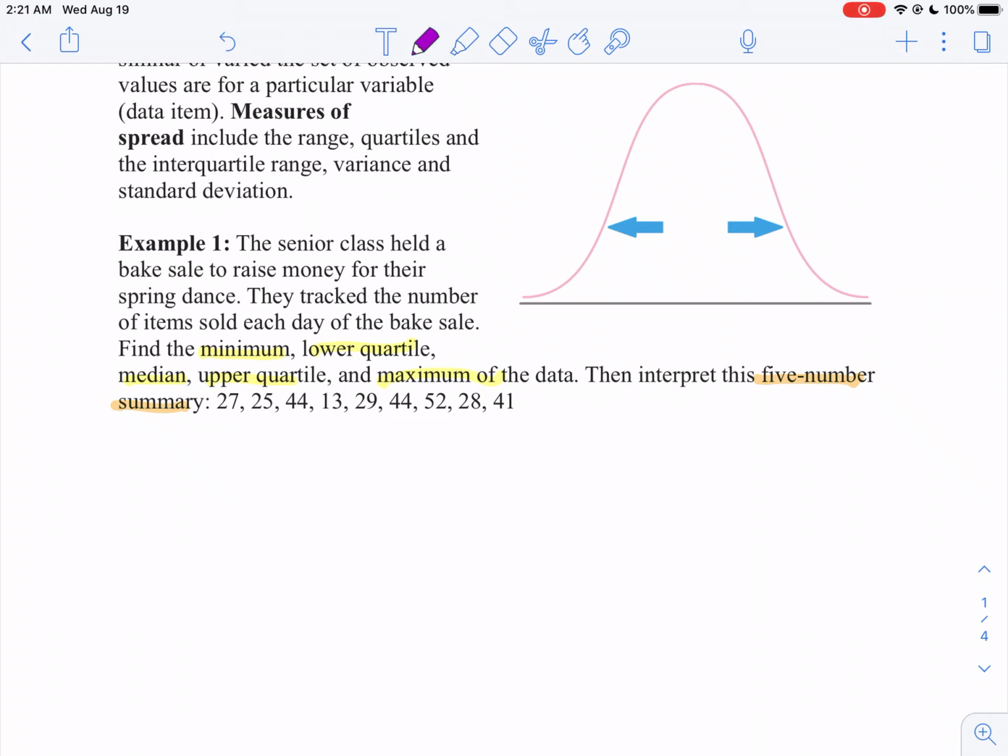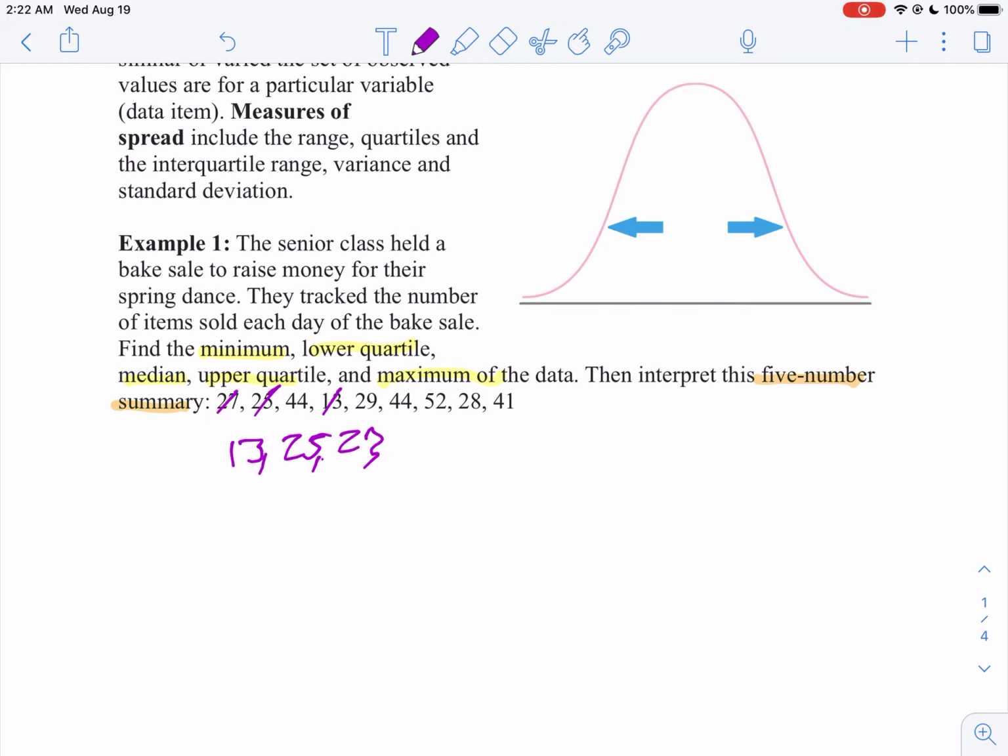Well, we're going to calculate this by hand, and I'll show you how to do it on the calculator after we're done. We're going to put our data in order. So we start here. 13 is our lowest data point. Cross that out as we do it. Then it looks like 25 comes next. After 25, we have 27.